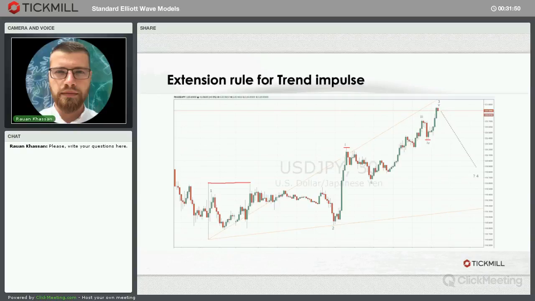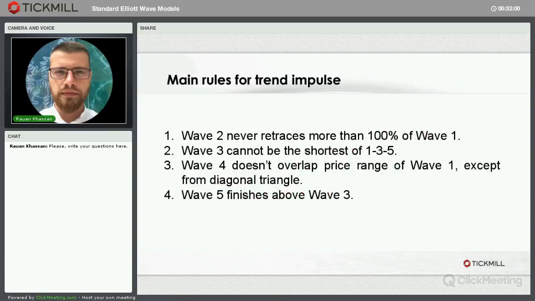And the supposed example suggests the extension rule, and we see if it's appropriate or not. So once again, wave 2 should not retrace more than 100% of wave 1. Wave 3 cannot be the shortest of waves 1, 3, and 5. Wave 4 doesn't overlap the price range of wave 1. And wave 5 finishes above wave 3.